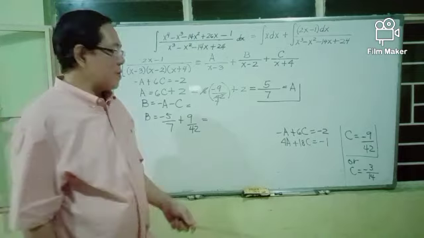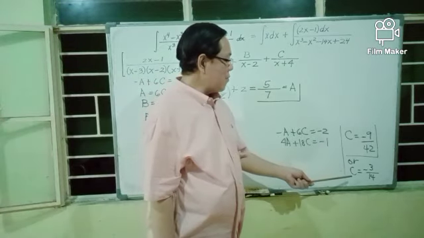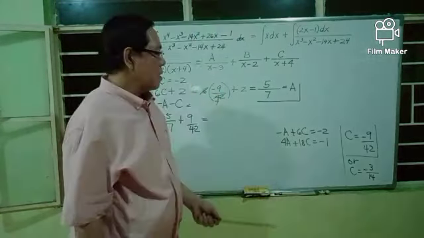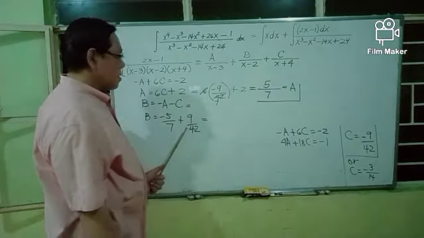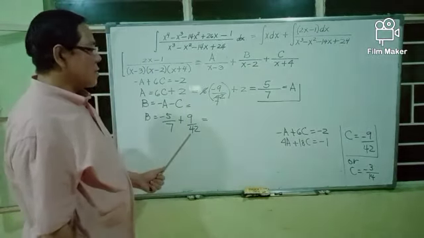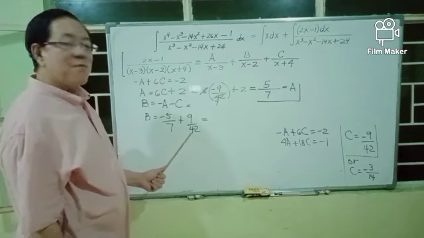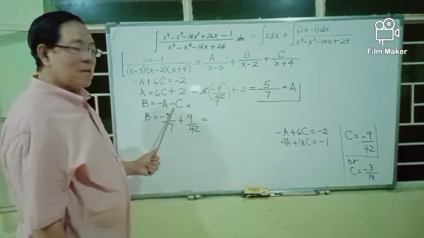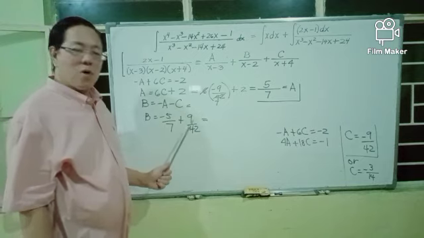So you can use negative 3 over 14 as the value of c. I will use now negative 3 over 14. Multiply by negative, that's positive 3 over 14.